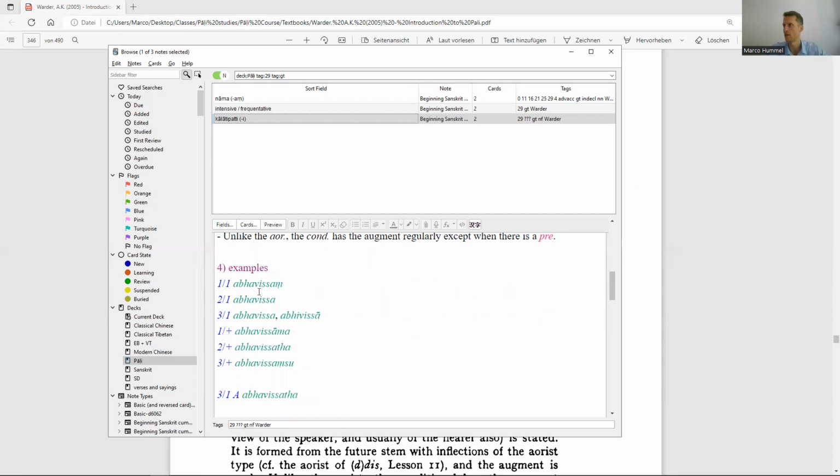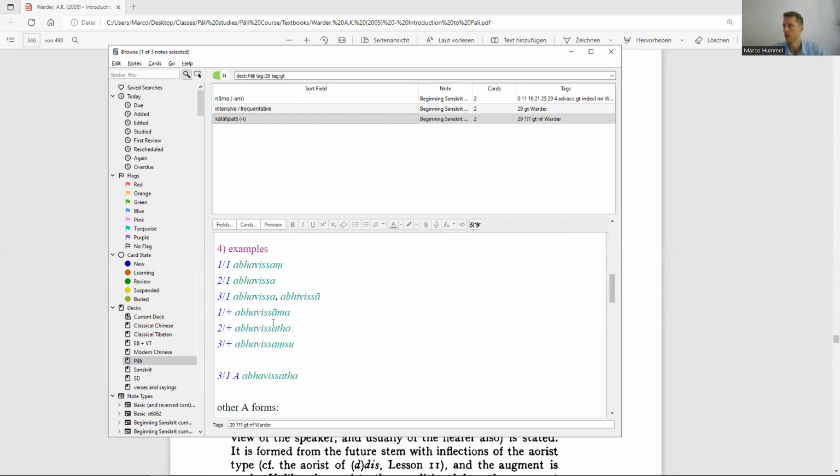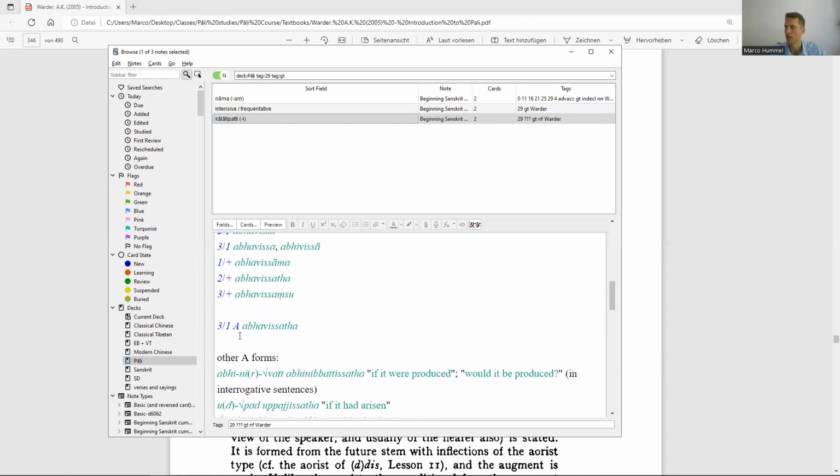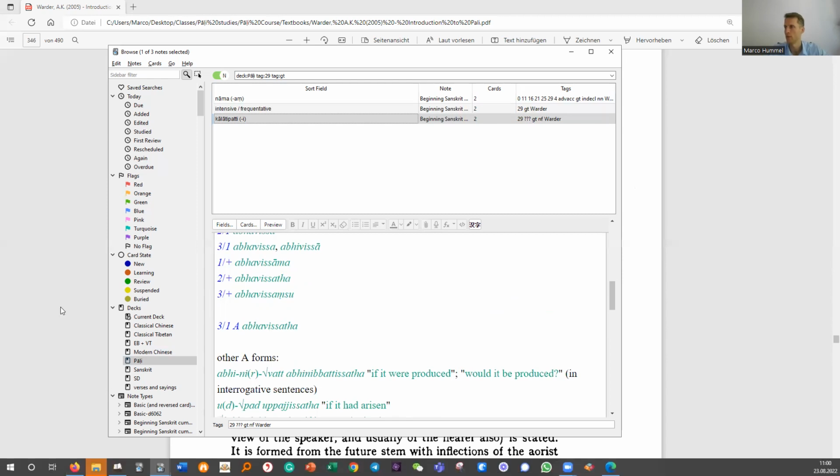So we have here abhavissam, if I was, abhavisse, if you were, abhavissa, if he, she, it was, abhavissama, if we were, abhavissatha, if you were, abhavissamsu, if they were. And then we have it in the attanopada, third person singular, abhavissatha, if he, she, it was. Same form as second person plural.